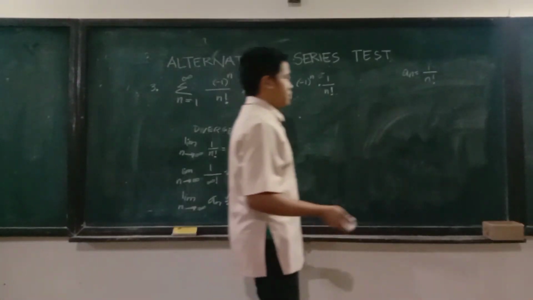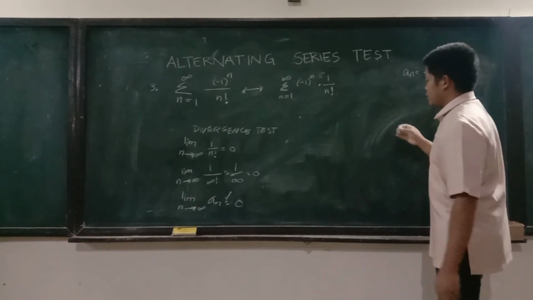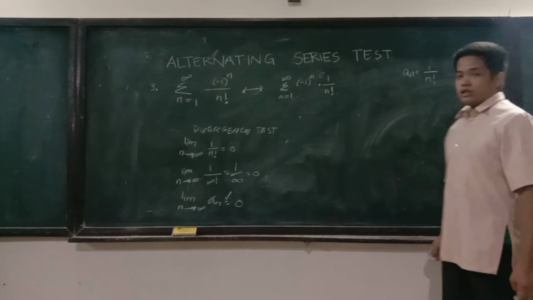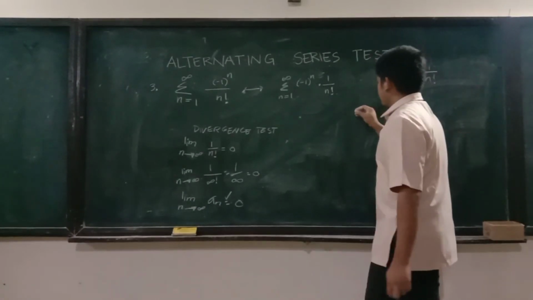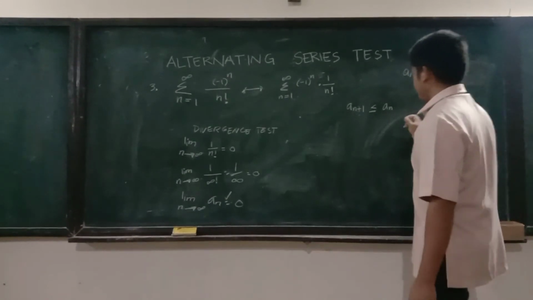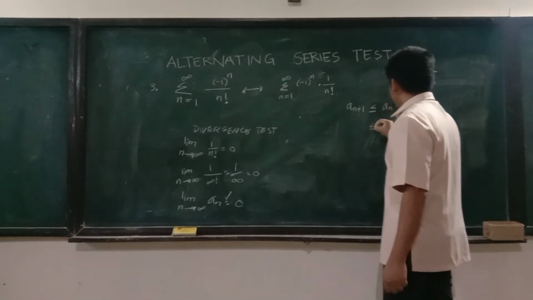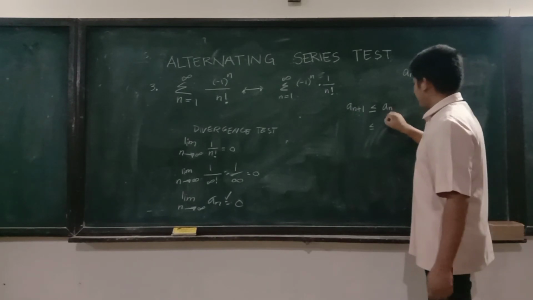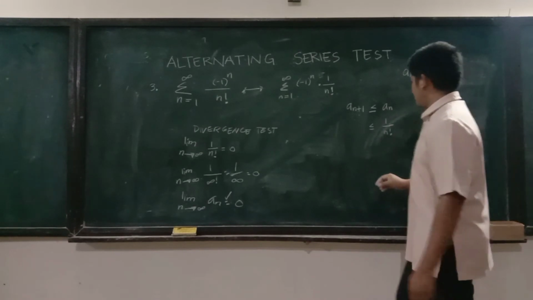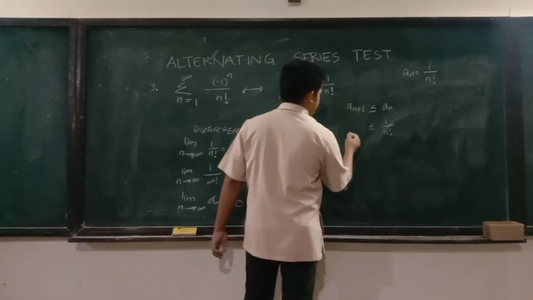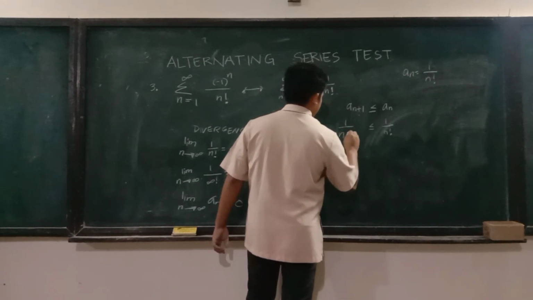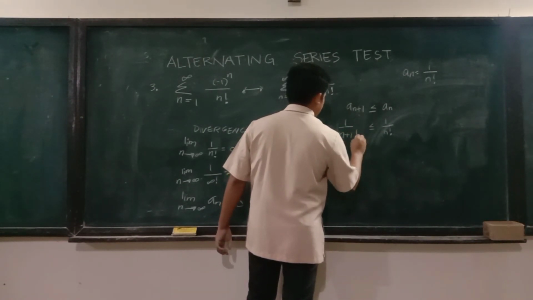Let's proceed to the second step, which is checking if it's a decreasing sequence. We know that our a sub n is equal to 1 over n factorial. Therefore, our a sub n plus 1 is 1 over n plus 1 factorial.